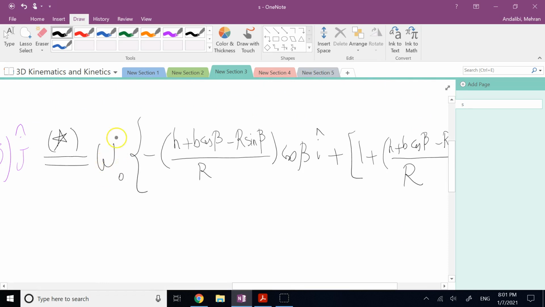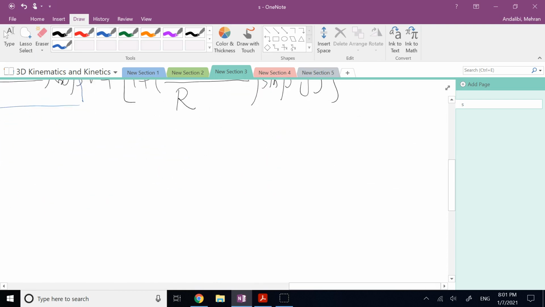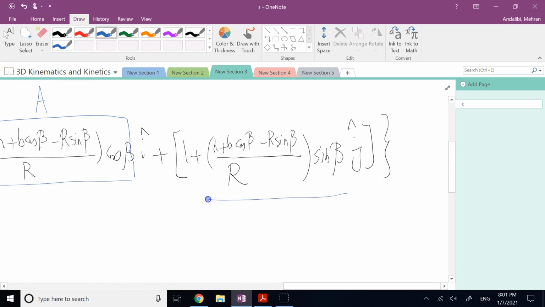So this term has no derivative, but the term inside the braces might. Well, h is constant, b is constant, r is constant, beta is constant. So this whole thing, I can just call it A, a constant, and this whole thing here, I can call it B.